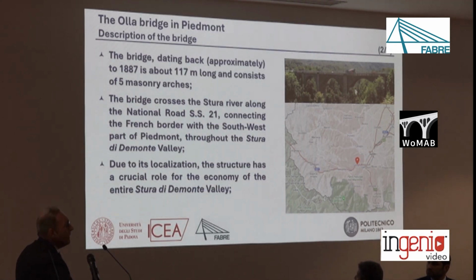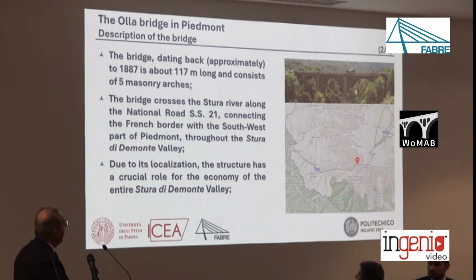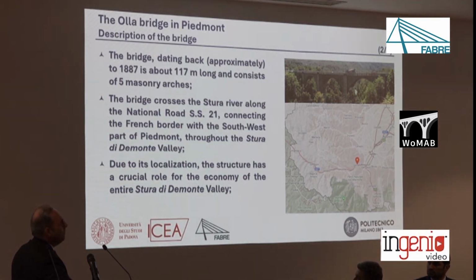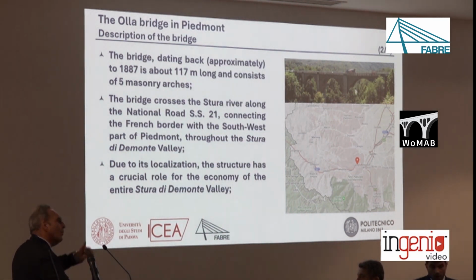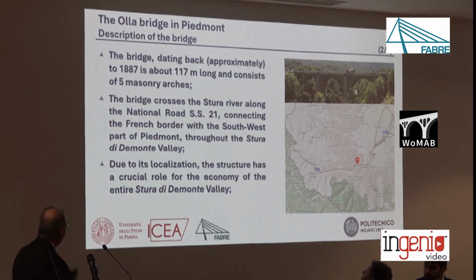For some of you that possibly know this region, there is a very well-known brand of Italian mineral water placed in the close neighborhood of the bridge, so their products are coming to the world, to Italy, basically crossing this bridge.